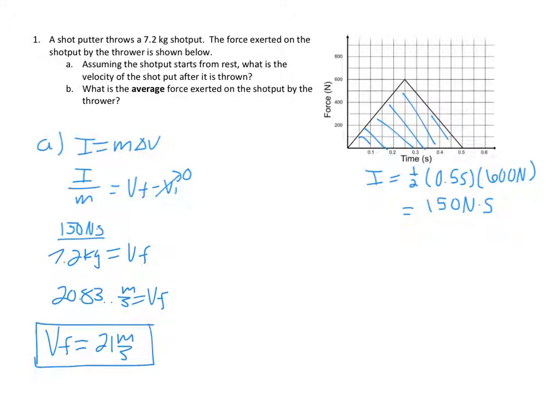Okay, now for part B. Wants to know the average force exerted on the shot put. We know that impulse equals the average force times delta T. We already know impulse, we already know time.